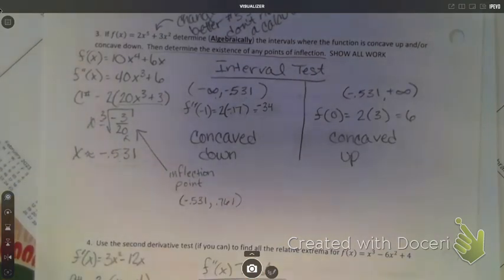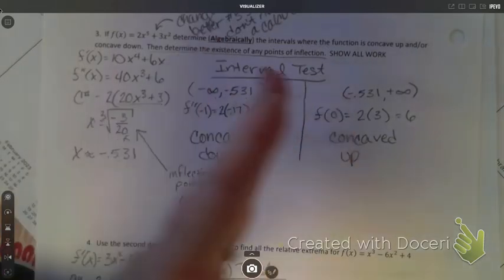They're just horrible numbers. I think because it was that weird of a number, that's why I got confused. Whatever the numbers look like, you still have to do the work. So the cube root of -3 over 20, which is -0.531, and then that's your cutoff.